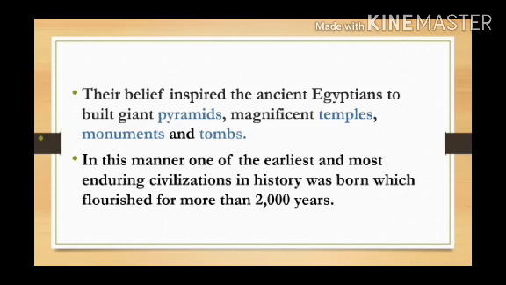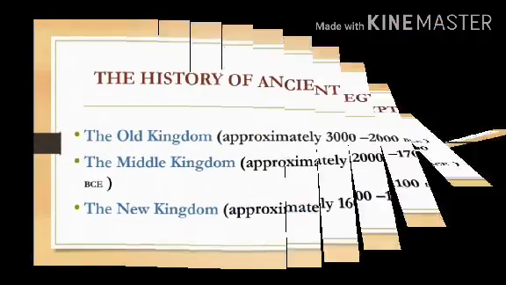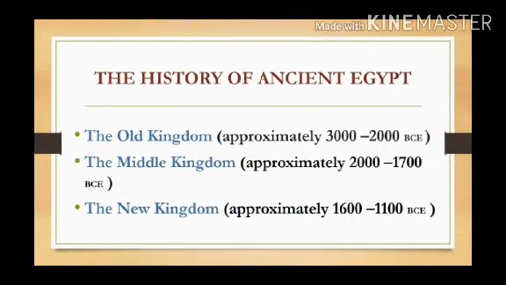Now, my dear students, let us learn about the history of ancient Egypt. The history of ancient Egypt is divided into three periods: the Old Kingdom, the Middle Kingdom, the New Kingdom. The time frame of the Old Kingdom is approximately between 3000 to 2000 BCE.